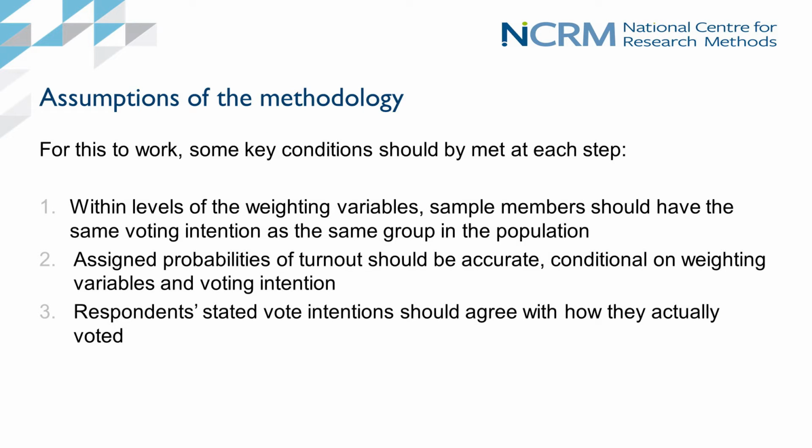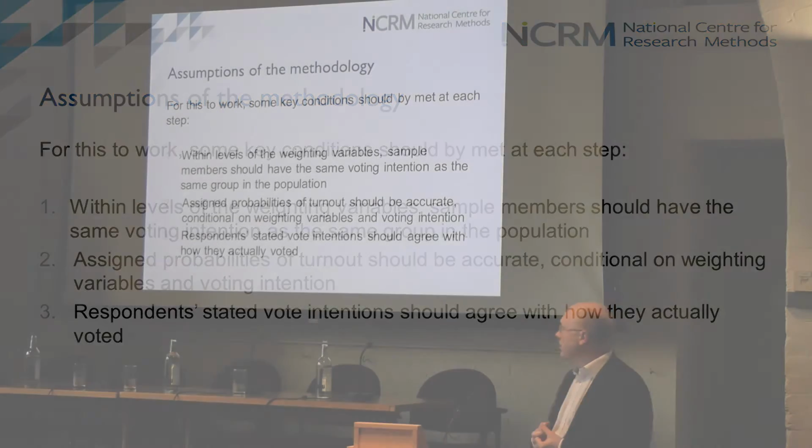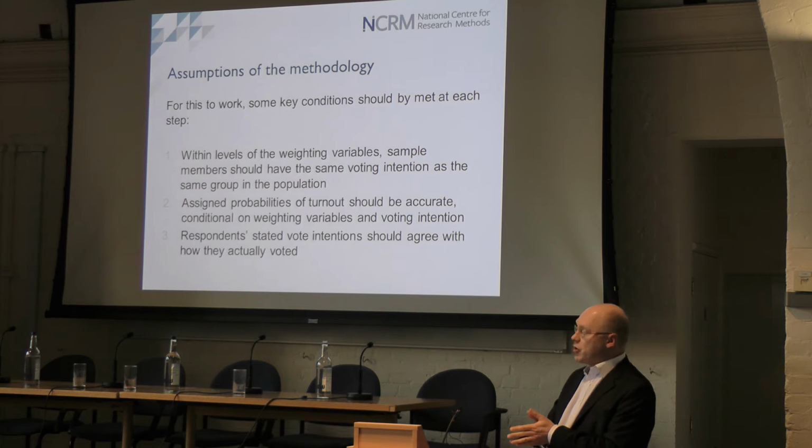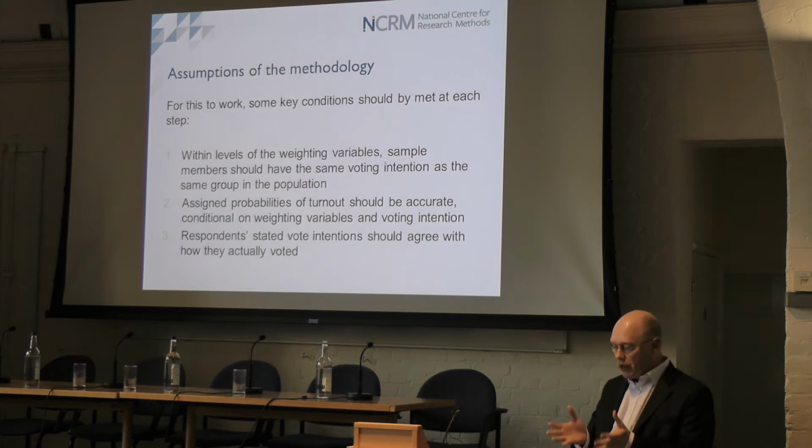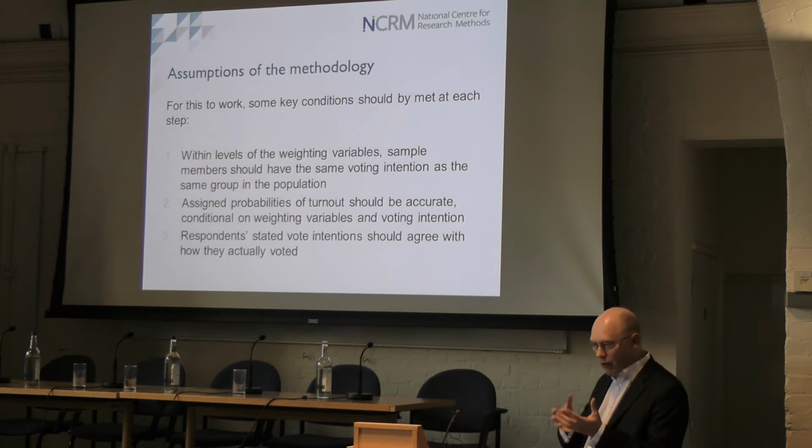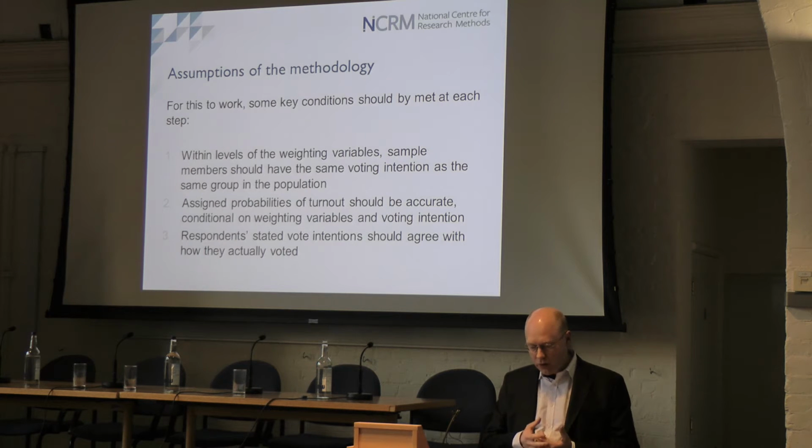For this to deliver a good estimate of the election result, it requires certain things to go right, certain assumptions to be satisfied. And there are separate assumptions for each of these three key steps. For the first, the sampling stage, the assumption is that your weighting variables were basically sufficient, meaning that conditional on the weighting variables, within levels of the weighting variables, you have a representative sample of voting intention.